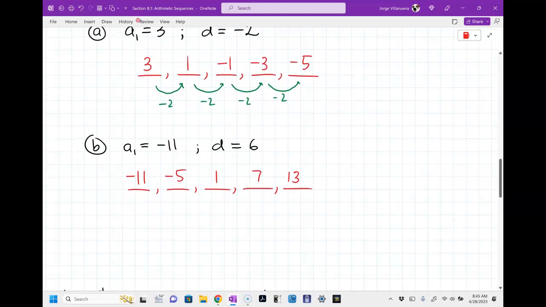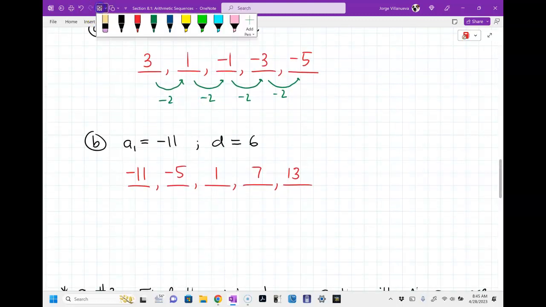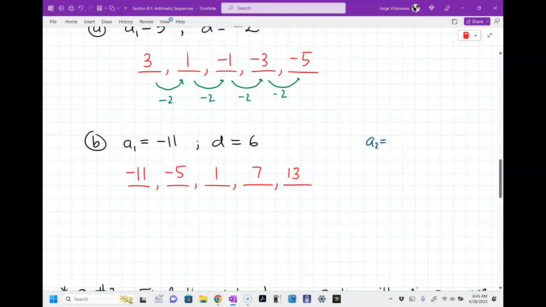Now there's going to be one question, just by the way. If I were to tell you this, it's just a side note. If I were to tell you that the second term is 10 and D is 5, and I want you to write the first 5 terms. 5 terms here. 1, 2, 3, 4, 5.